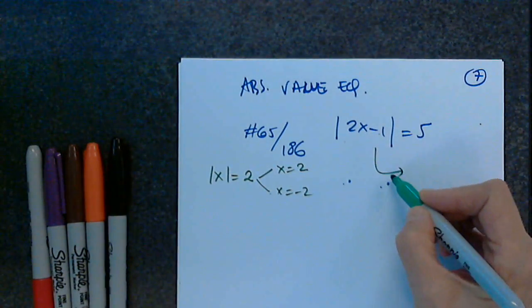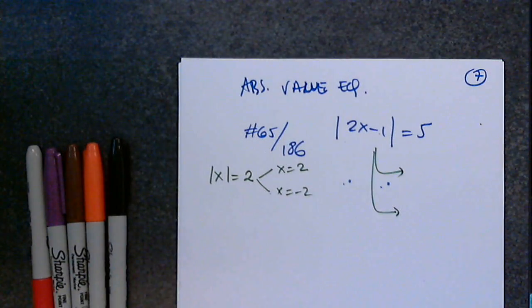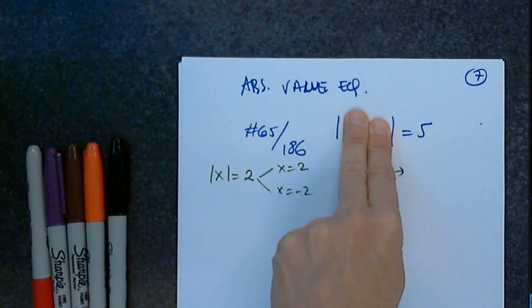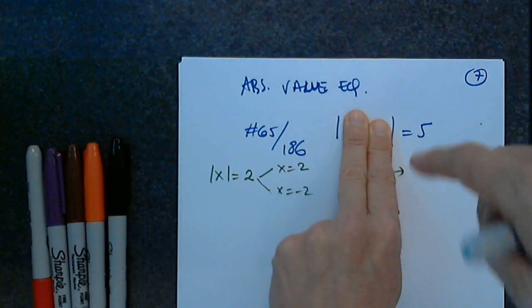In the same way, we have 2 options here, but this time not for x, but for what is inside the absolute value. So now 2x minus 1 has 2 options. What are those 2 options? What could I have here for this to work?